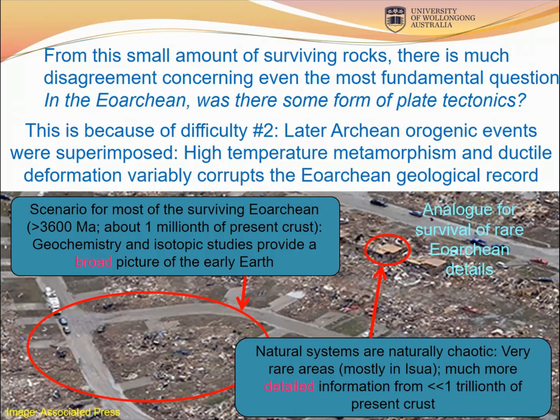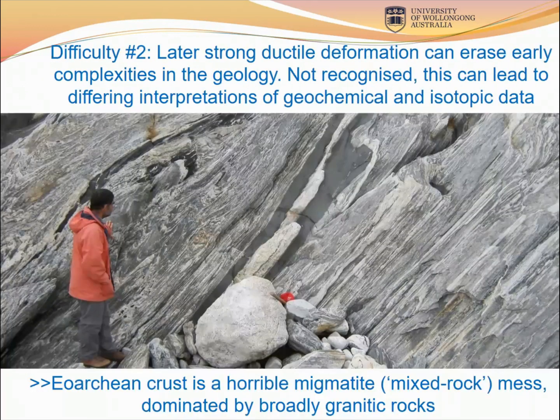You can say, oh, there were houses there, but it's very difficult to reconstruct them beyond that. But you just get these little freak areas where, for some reason, because natural systems are chaotic, you can actually get a bit more detailed information about the early Earth. And those sort of areas actually form much, much less than 1/1,000,000th of the present crust. So this is what all these tectonic events do to the early geological record.